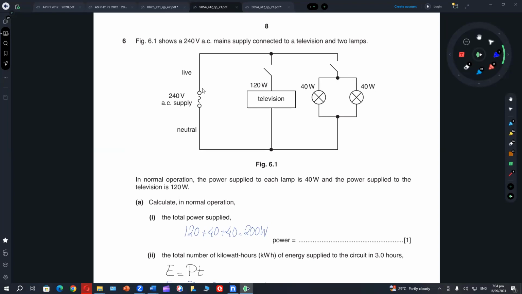So what would be the answer? Live wire is the main wire which takes the high voltage electrons. A switch is needed to have full control.